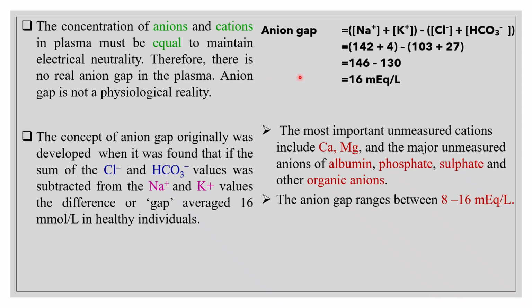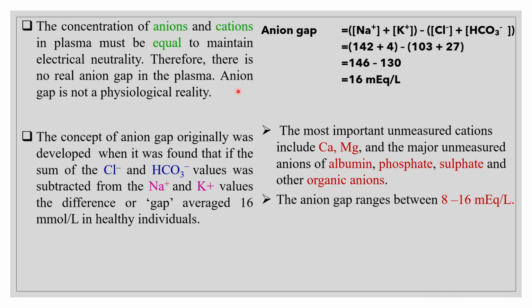Now let's talk about the anion gap. What is the anion gap? The concentration of anions and cations in the plasma must be equal to maintain electrical neutrality. Therefore, there is no real anion gap in the plasma.